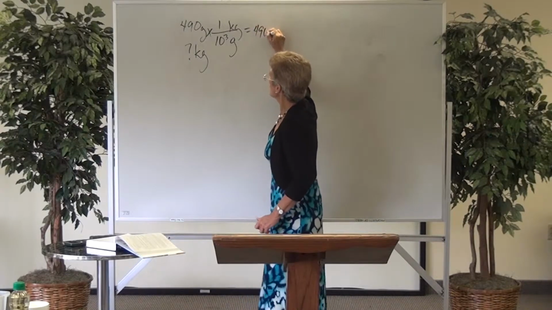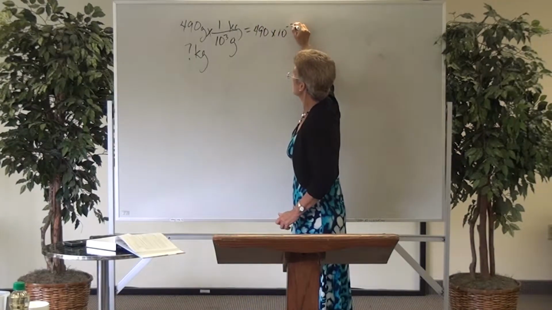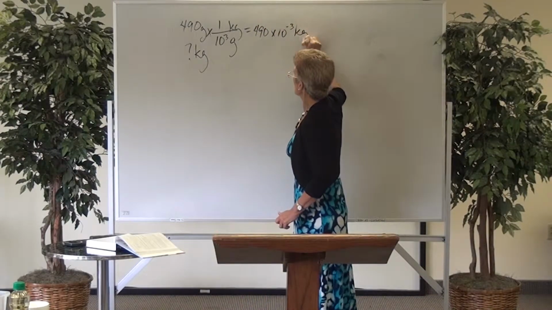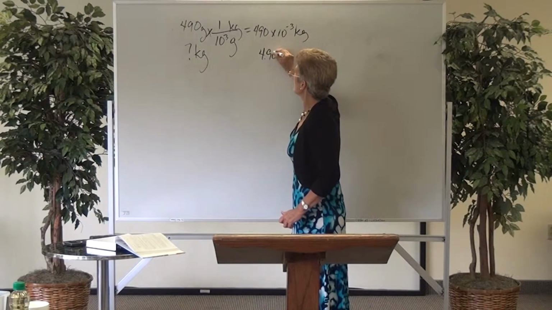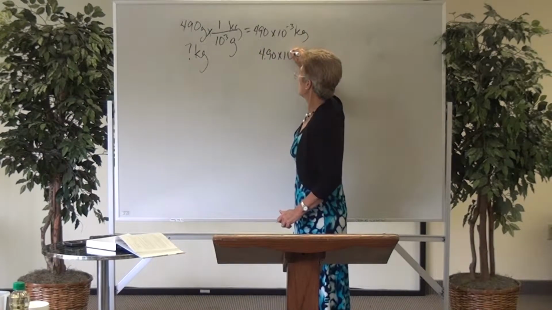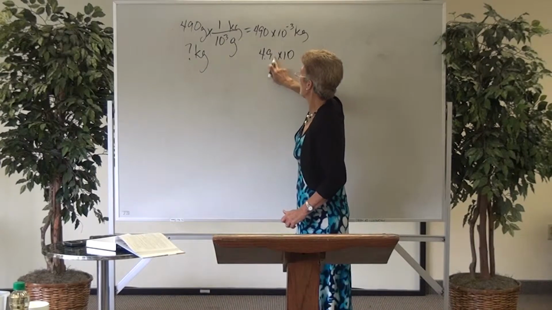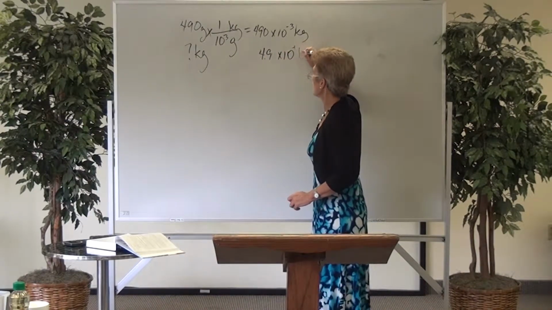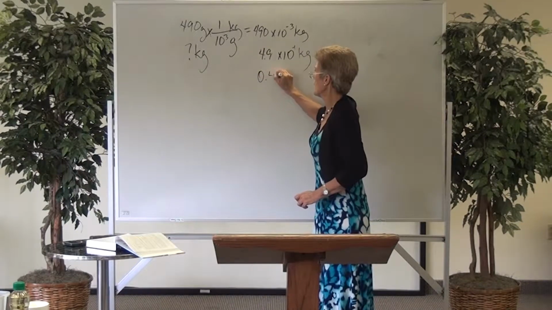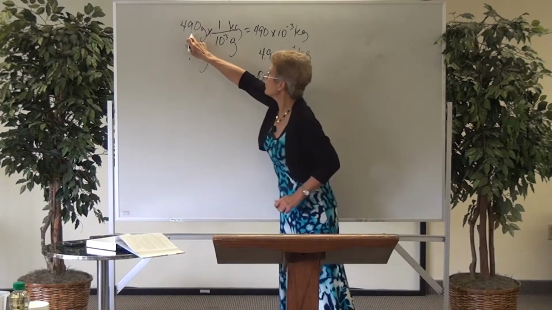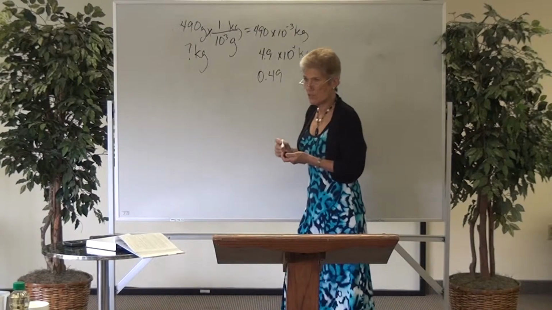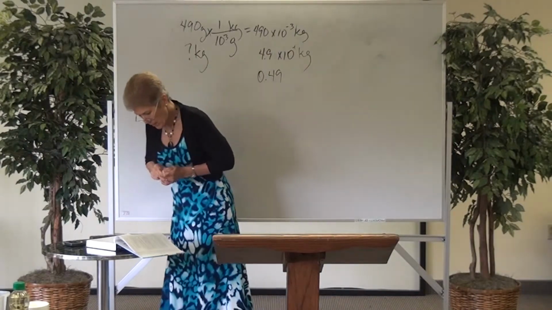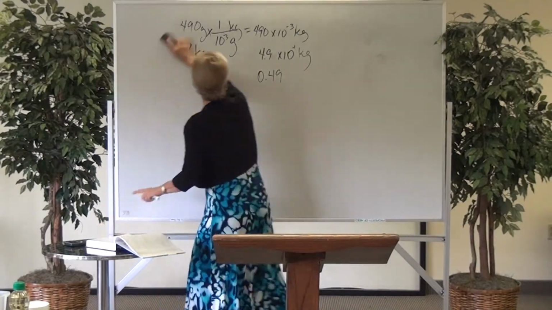So it's going to be 490 times 10 to the negative third kilograms. So that's going to be 4.90 times 10 to the negative first kilograms. Or you could have written it this way. You only got 2 significant figures here, so your answer has to be in 2 significant figures. So watch that, okay?